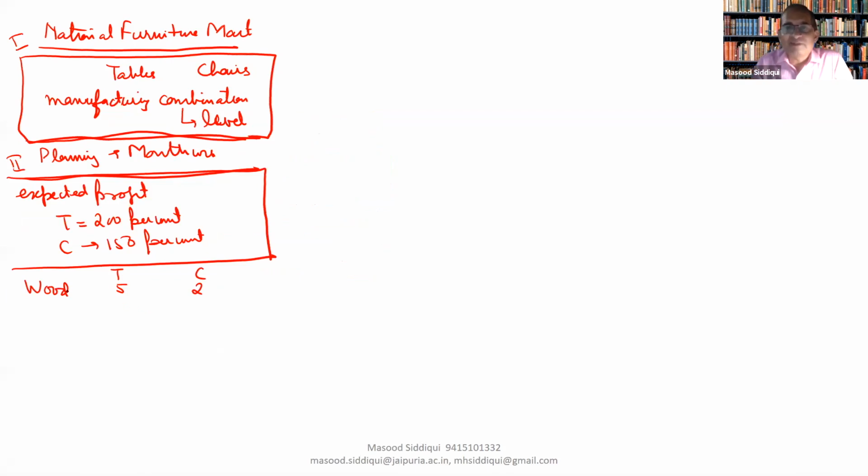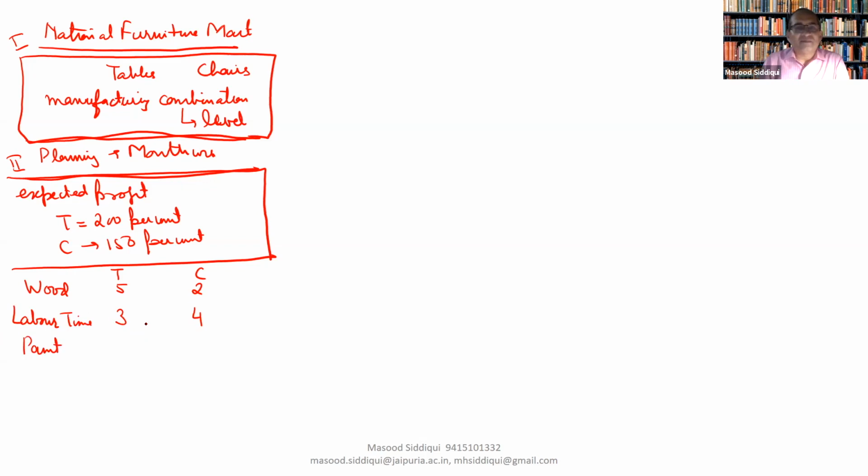The second is related to the labor time. Here the requirement is 3 units of labor time for manufacturing a table, and 4 units for manufacturing a chair. It has been given. Then the next one is related to the paint.